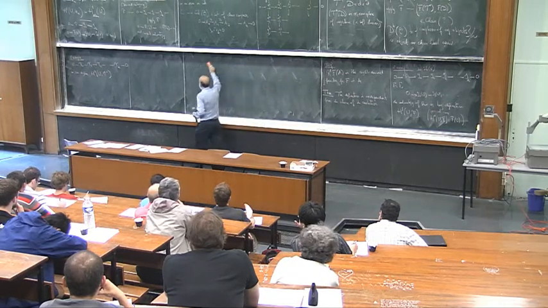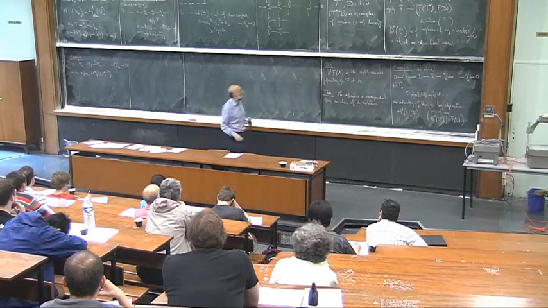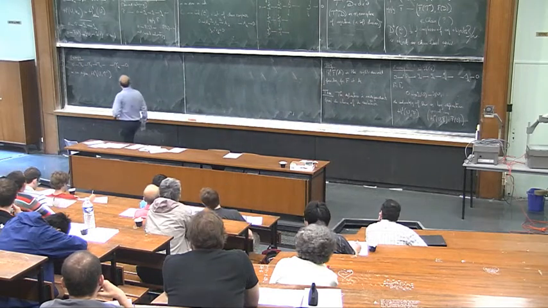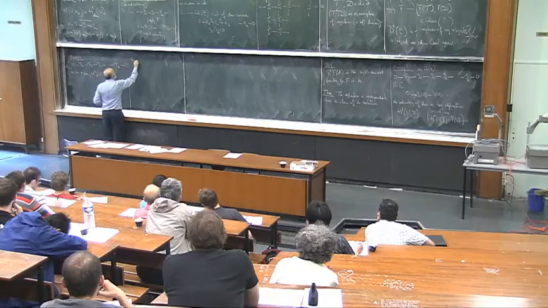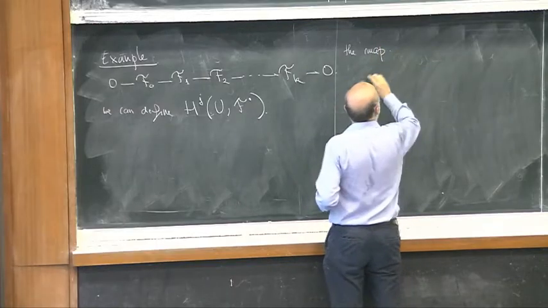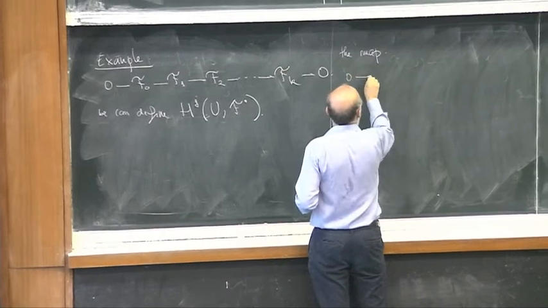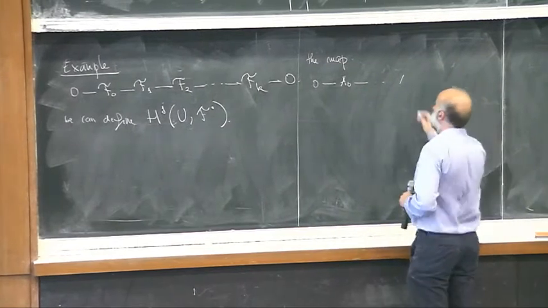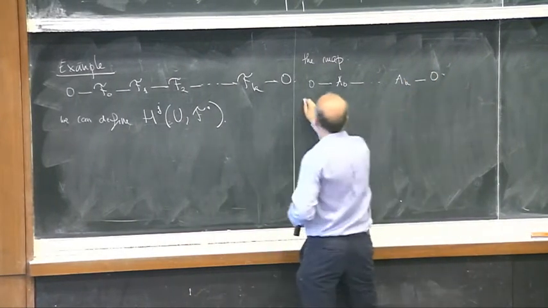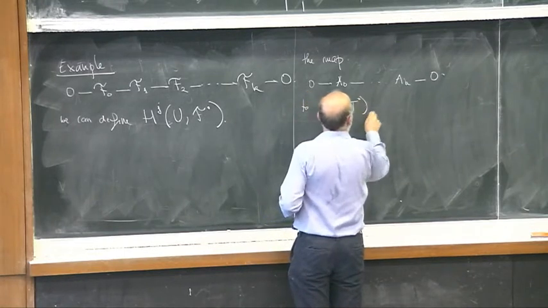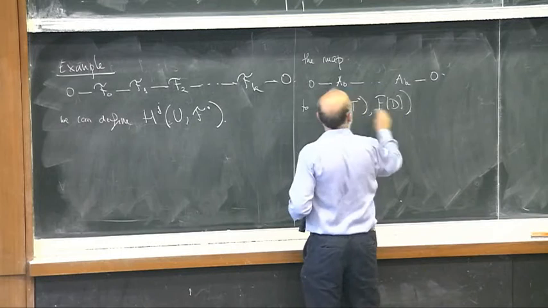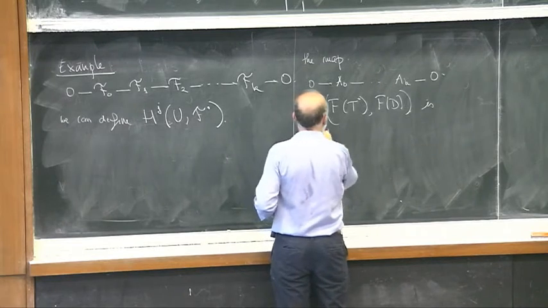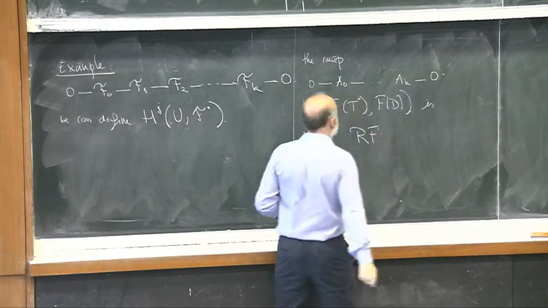No, sorry, what I forgot to say is that this operation here is called RF. So the map which sends this complex to ft star f of d is denoted R of f.